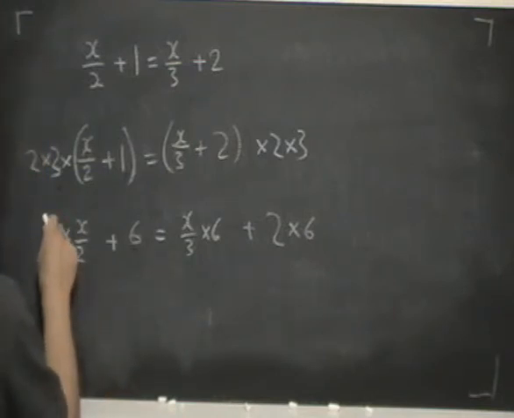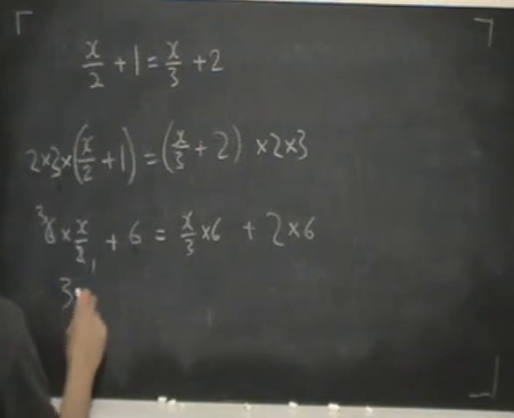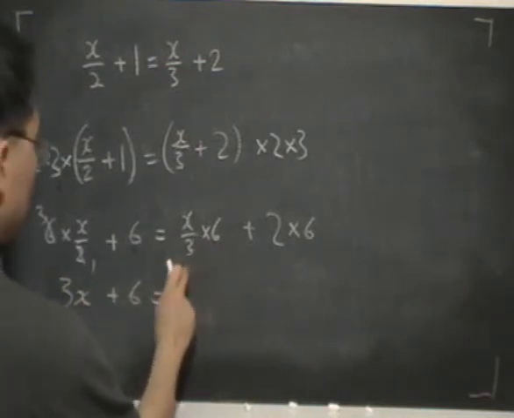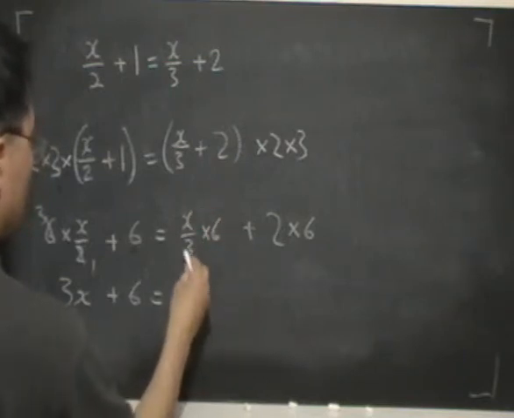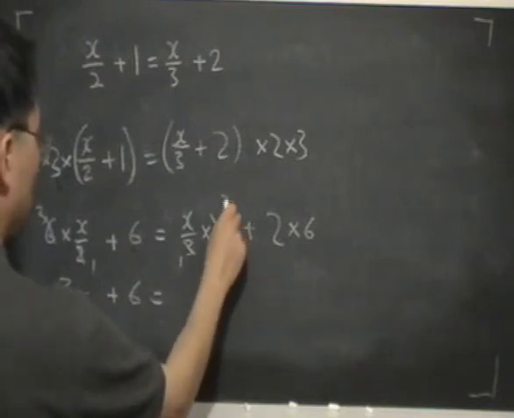So 6, let's cancel, divide by 2 there, I get 1, 6 divided by 2 is 3. So I get 3x plus 6 on the left side. On the right side, x over 3 times 6, let's cancel, divide by 3, I get 1, 6 divided by 3, I get 2.